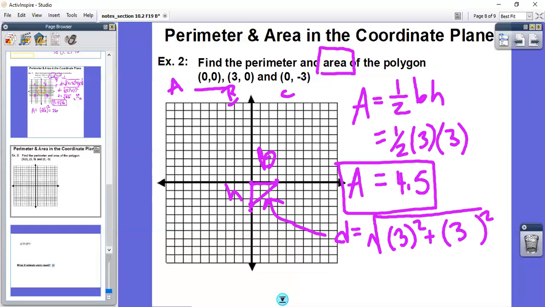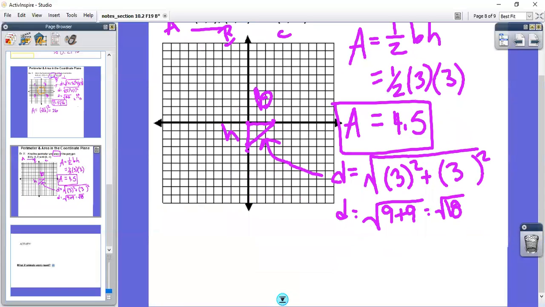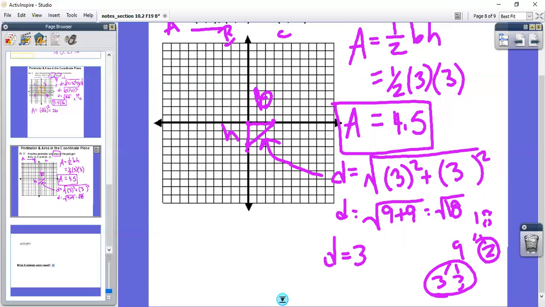So that's 3. And so distance is going to be the square root of 9 plus 9, which is square root 18. We can break down that 18 with a factor tree: that's 9 times 2, and 9 is really just 3 squared. So our distance is going to be 3 square root 2.